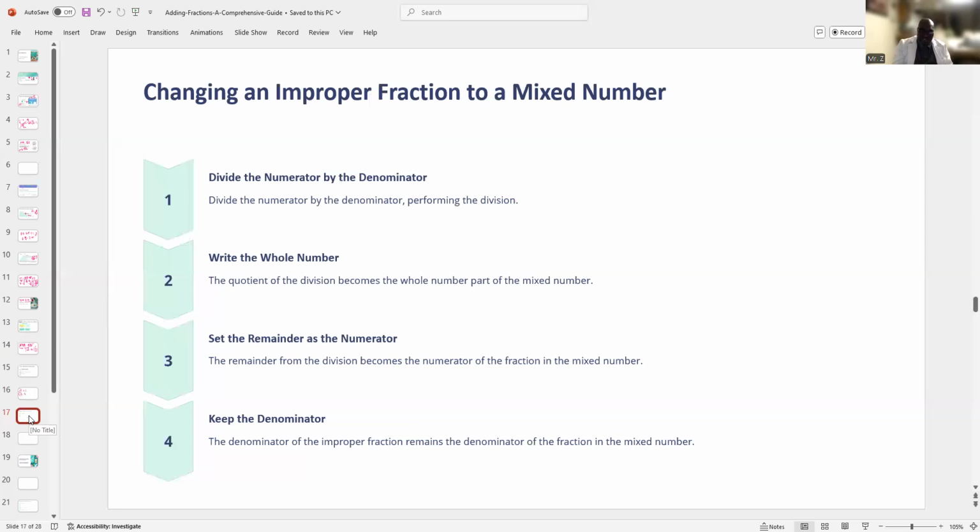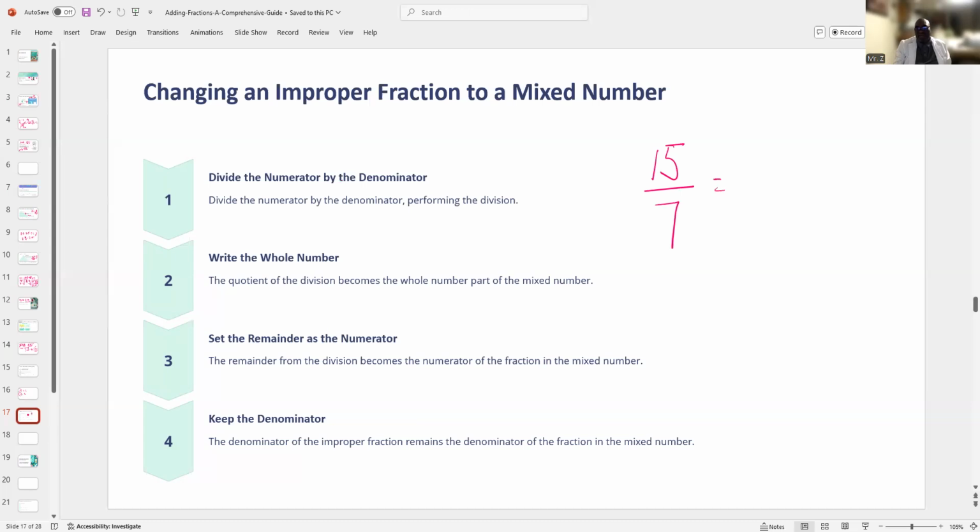Now, how can you change an improper fraction to a mixed number? We learned that. Example, 15 over 7. This is an improper fraction. Why?